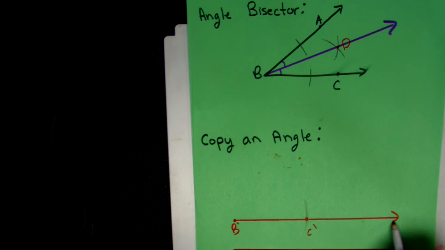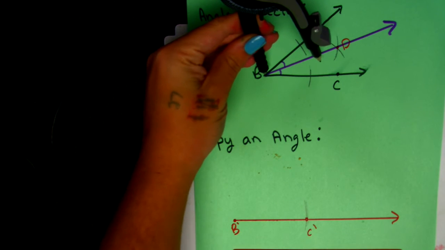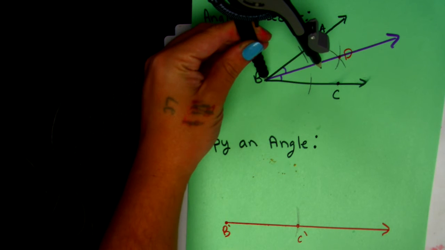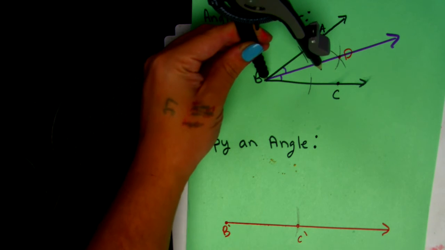now what I would like to do is place the point of my compass on B, the vertex of the given angle, so on the angle that I have right here. And then I'm going to construct an arc that intersects both sides of the given angle.